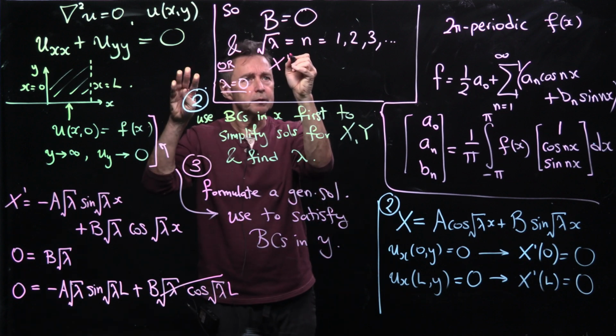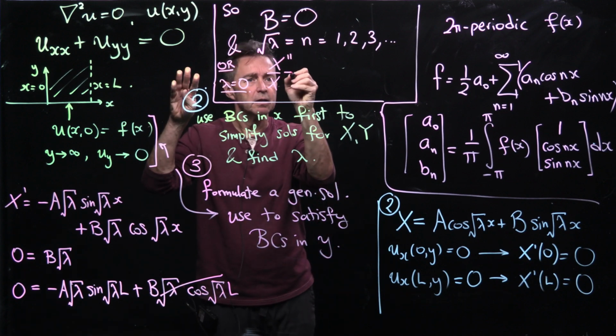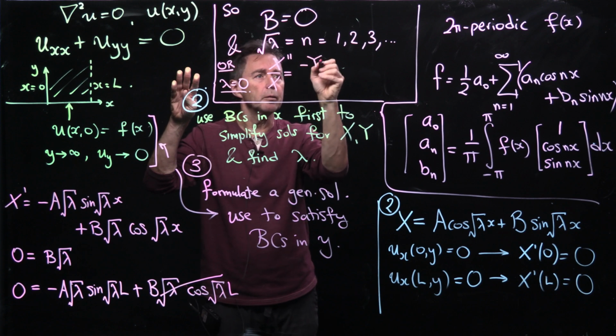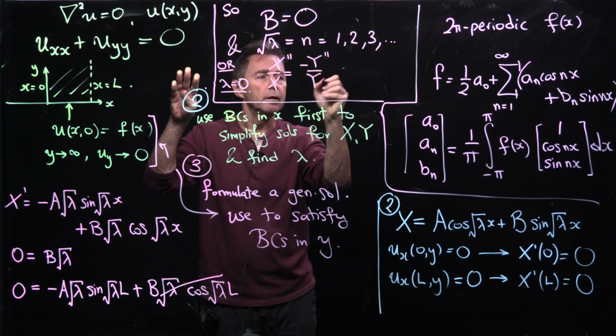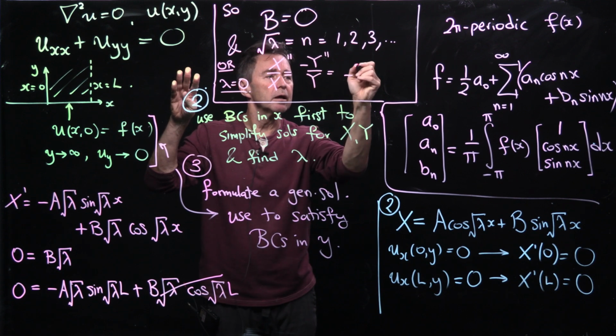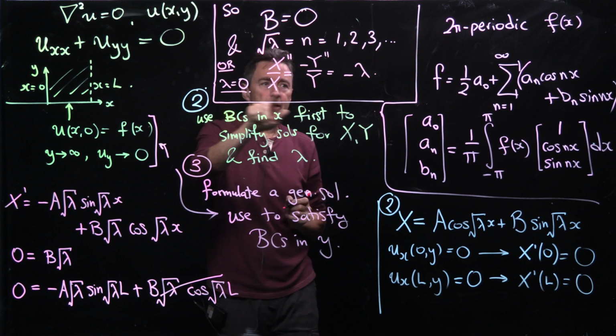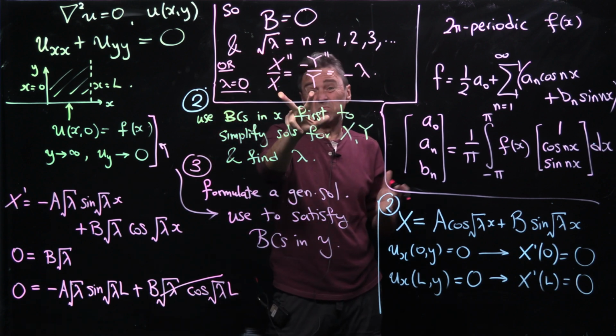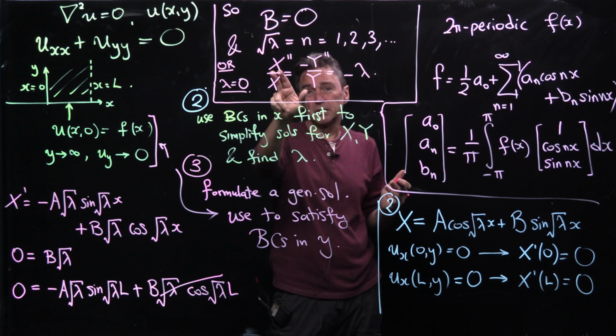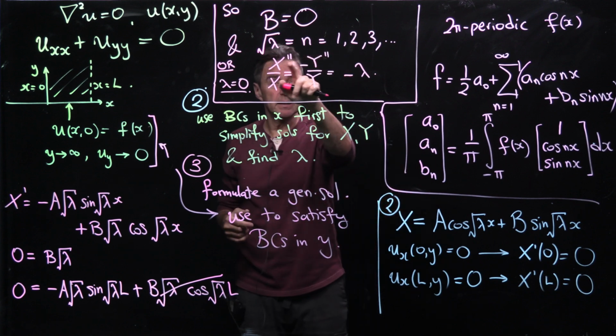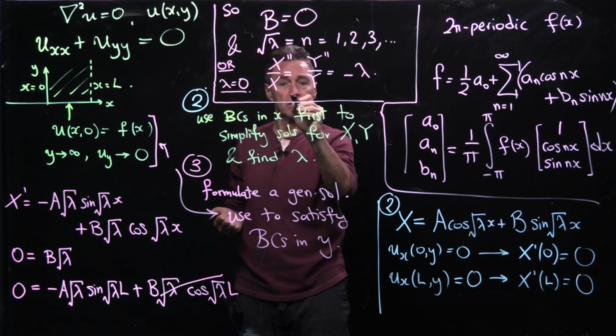Remember that I had X prime primed over X was equal to minus Y prime primed over Y. That was what I was calling minus lambda. If I put lambda is equal to 0 here, I don't necessarily get a trivial solution because it's just going to tell me that big X and big Y are linear functions.